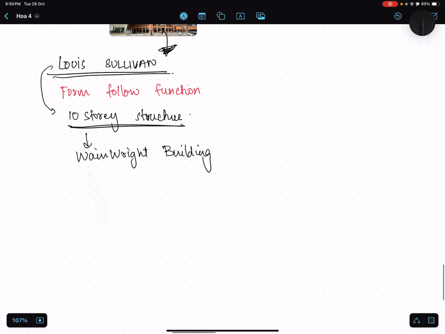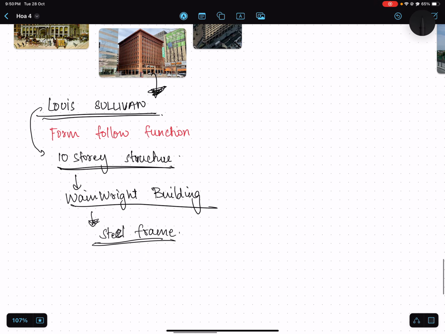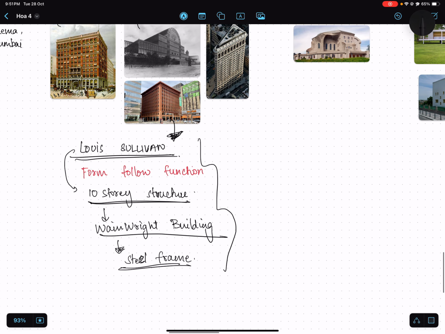And this was mostly done by using steel frame. And another architect responsible for the skyscrapers in the US is Daniel Burnham.